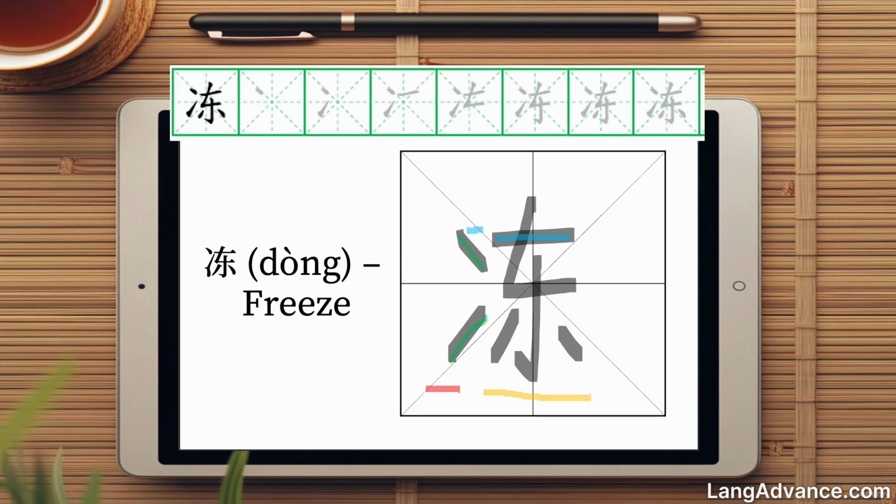Okay, and then the word dong, like this. You see that it's a little bit to the left, so don't start off in the middle.